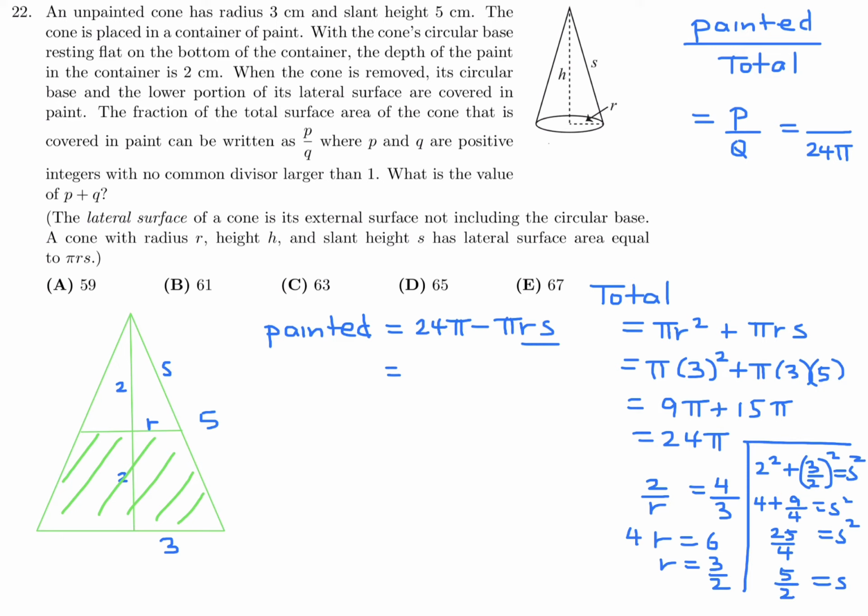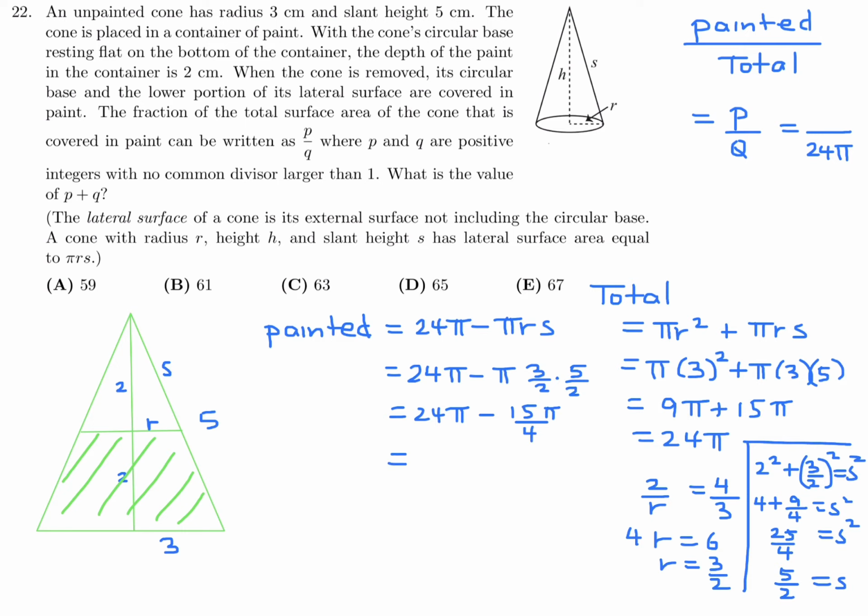So I can do this now. I know my r and my s. So 24 pi minus pi times 3 over 2 times 5 over 2. Okay, so that's 24 pi minus 15 pi over 4.